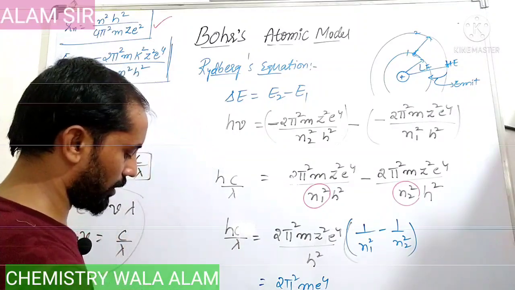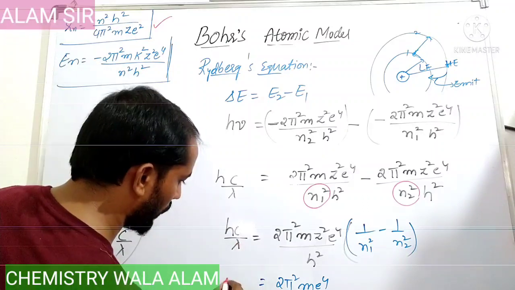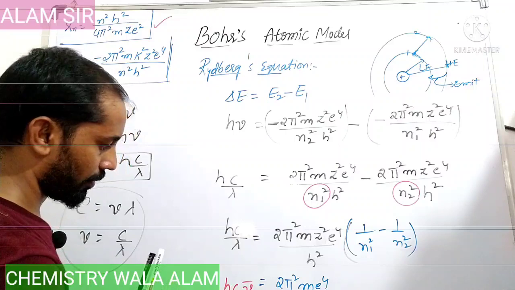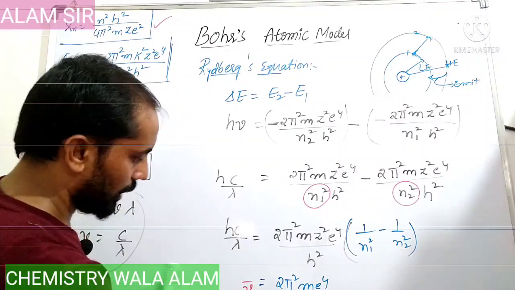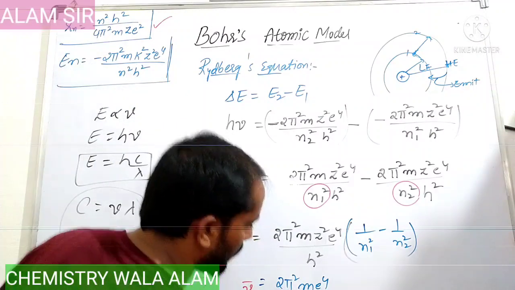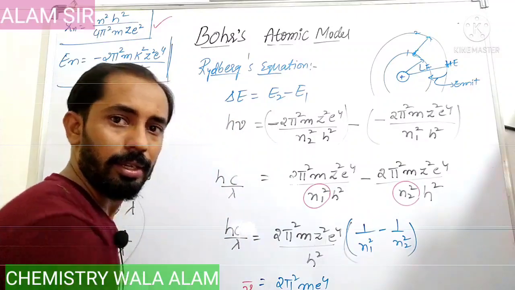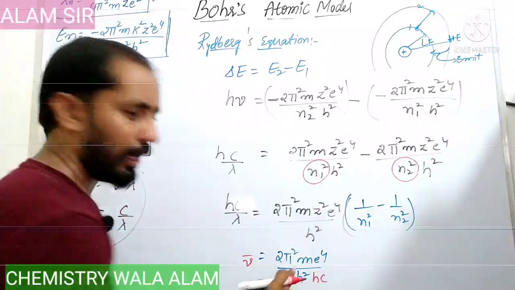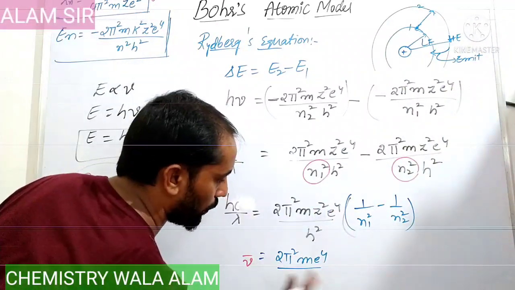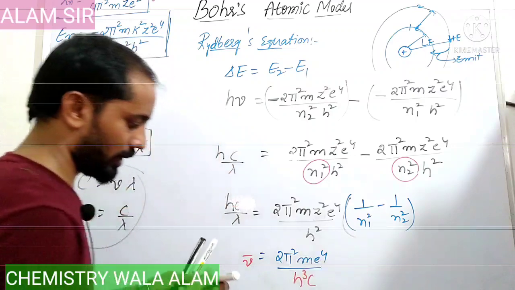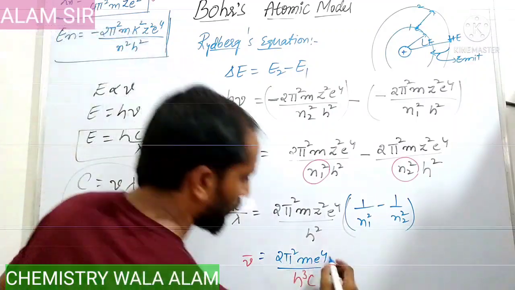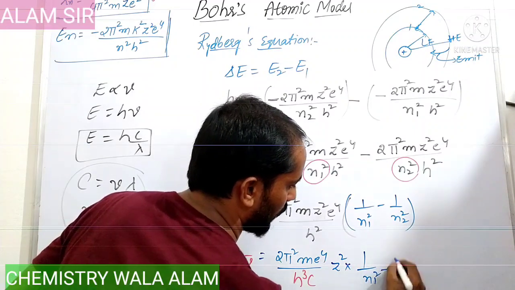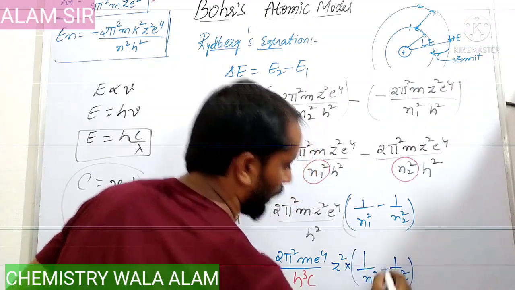Here nu bar can be written as hc nu bar. So h square, c becomes h cubed c, into z square, into 1 by n1 square minus 1 by n2 square.